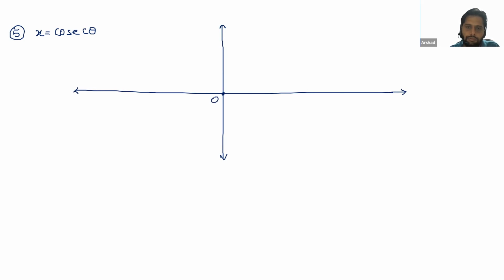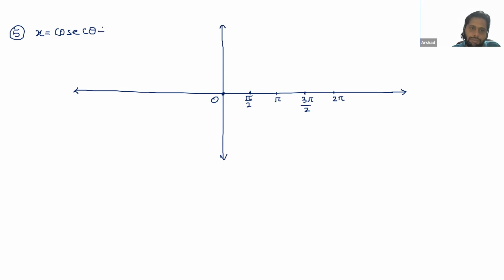So this is 0. Who can tell me cosec does not exist for which angle? Anyone? 90? No, not 90.